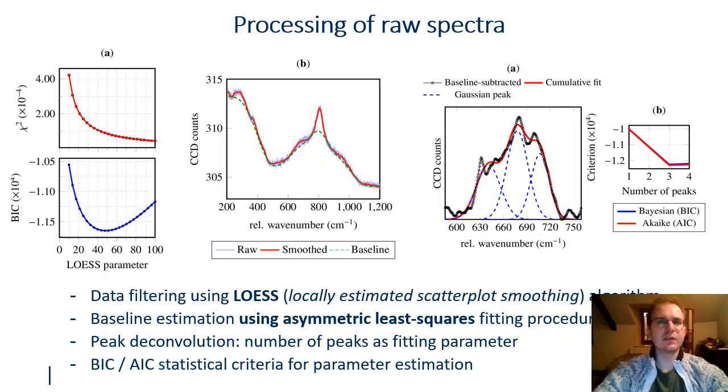We also used the BIC and AIC statistical criteria to select the optimal number of peaks, and of course the position and the width of the peaks were also selected as optimal from the fitting procedure.